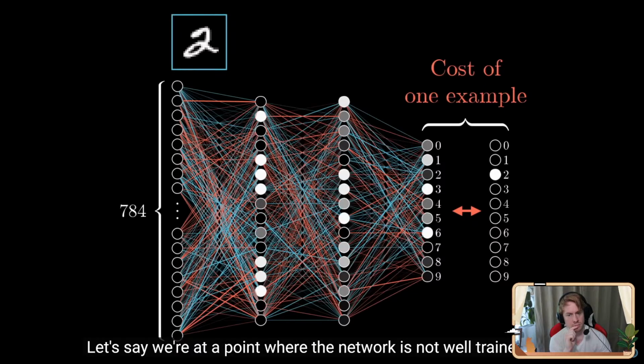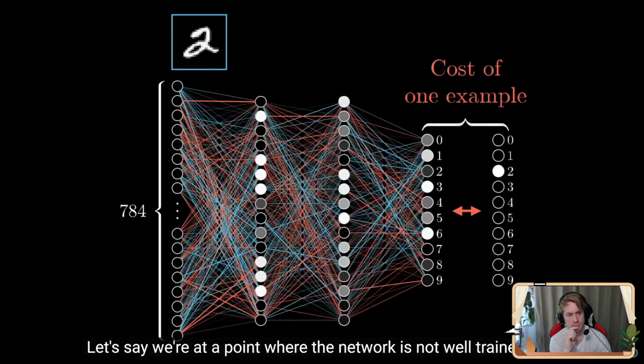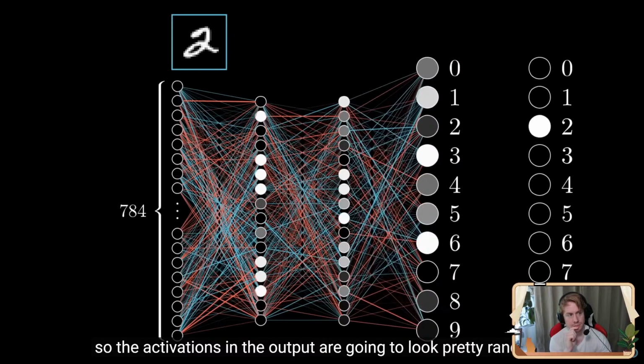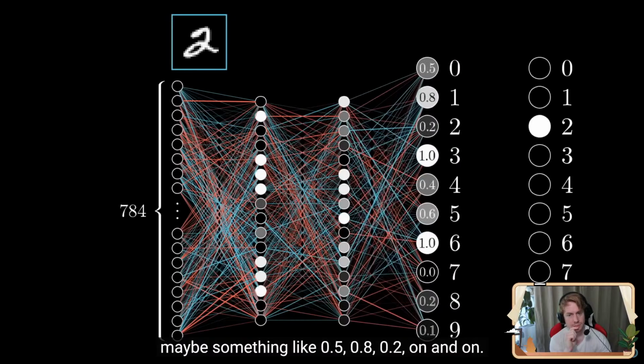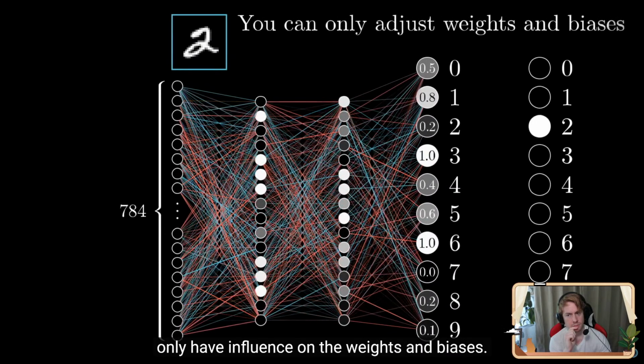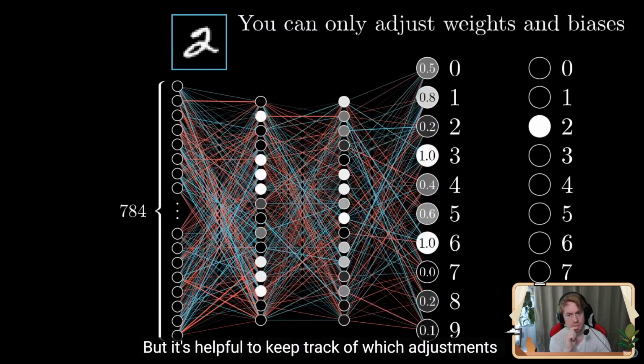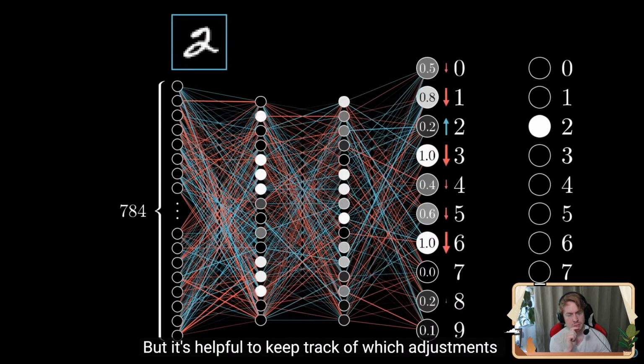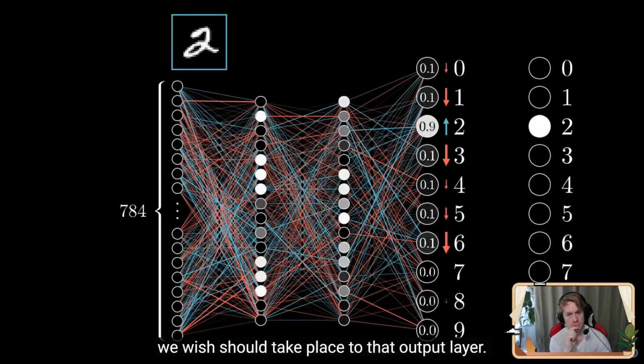Let's say we're at a point where the network is not well trained yet, so the activations in the output are going to look pretty random, maybe something like 0.5, 0.8, 0.2, on and on. Now we can't directly change those activations, we only have influence on the weights and biases, but it is helpful to keep track of which adjustments we wish should take place to that output layer.